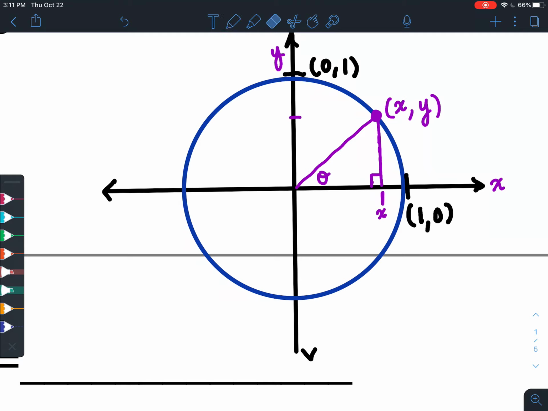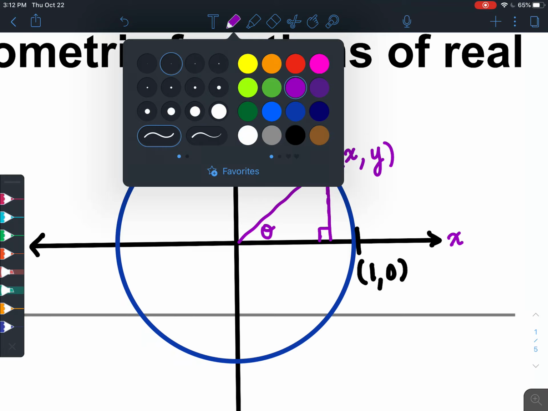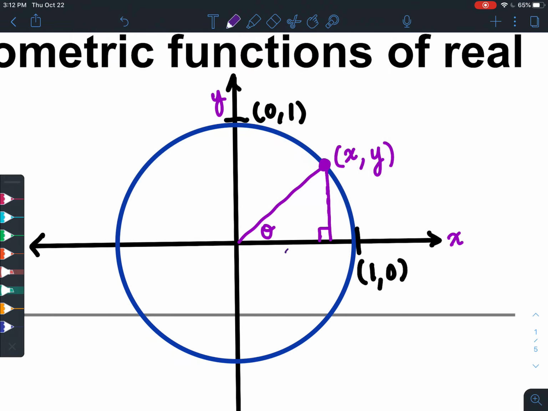Something else I want you to notice is that if we were to look closely at this triangle, this is my x and this is my y.